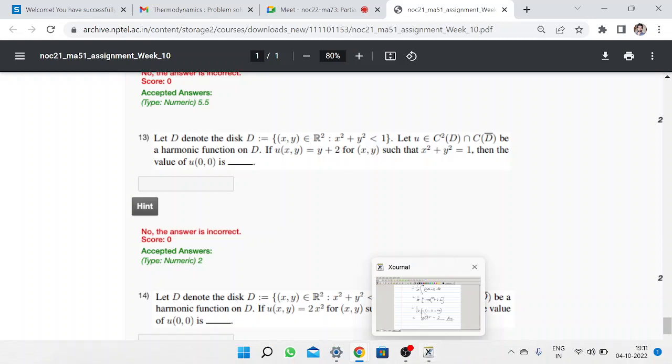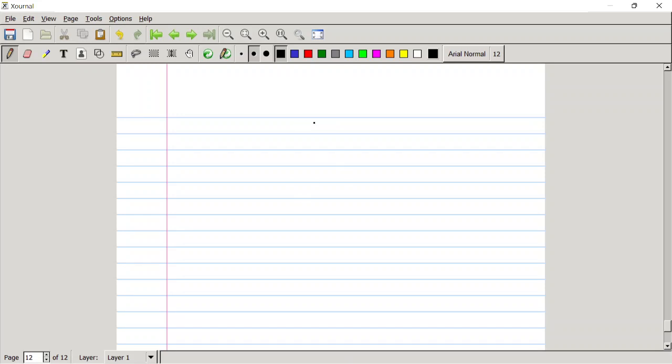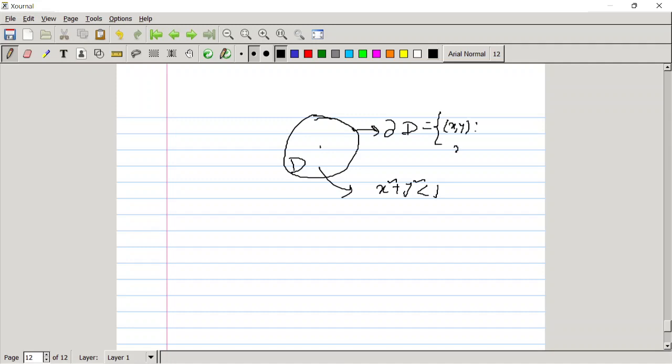Let me explain on the next page. This is the domain D. D means x square plus y square less than 1. But this is del D, the boundary. The boundary is those x, y points such that x square plus y square is equal to 1.